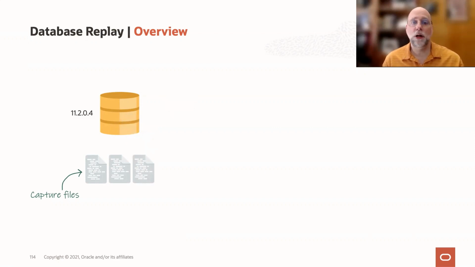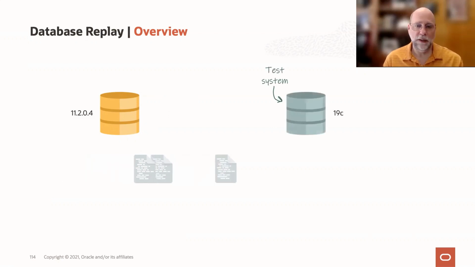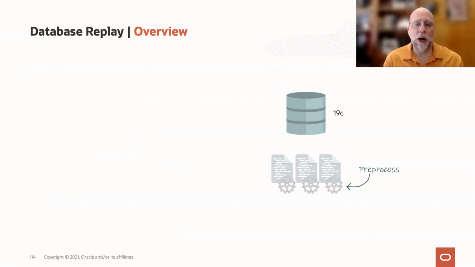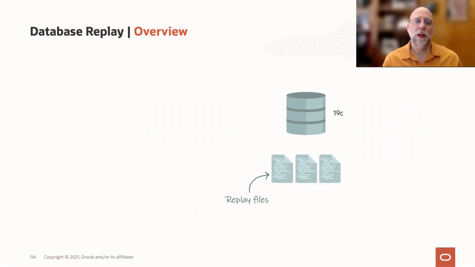Now you have a target system where you want to perform testing. In this case, maybe it's a 19C test system in the cloud, and it may be even a pluggable database where your source database was a non-CDB. We bring the capture files up into our new environment and we pre-process them. That pre-processing is making them platform independent and allowing us to replay with differences in things like how many concurrent users there are, for example.